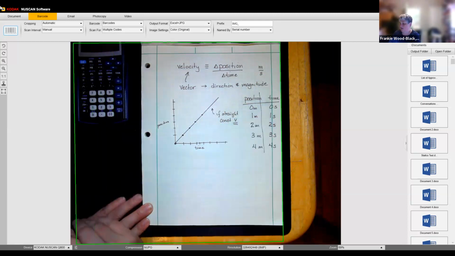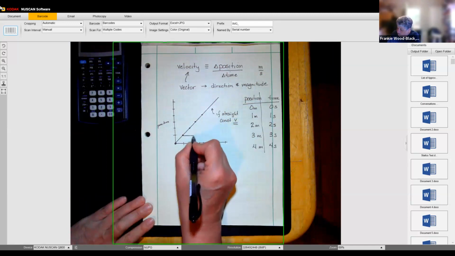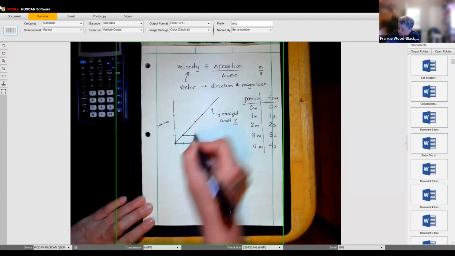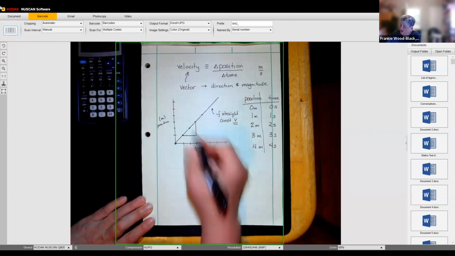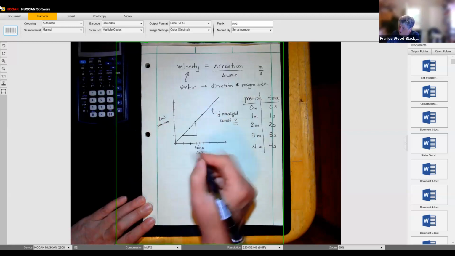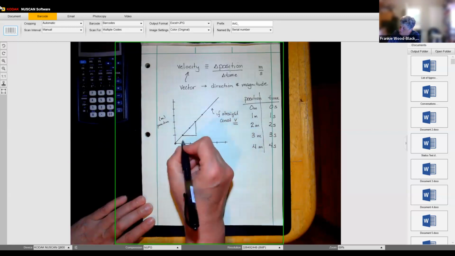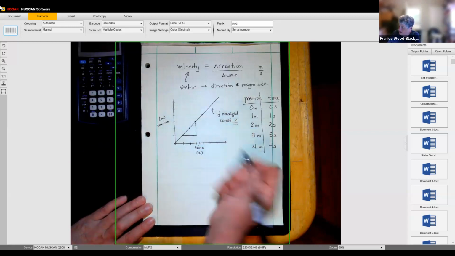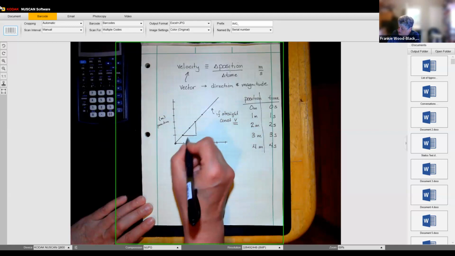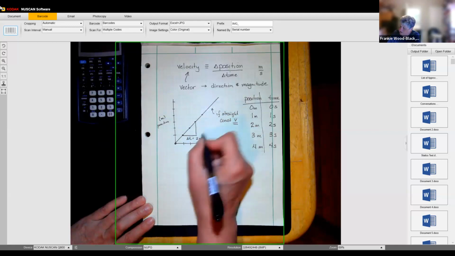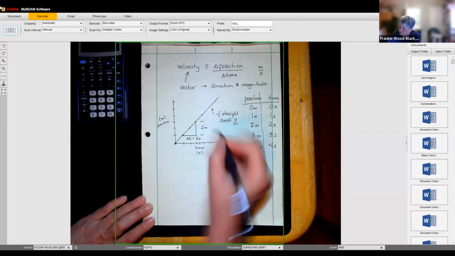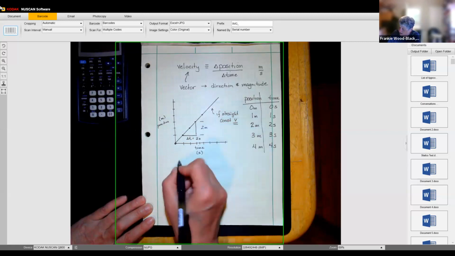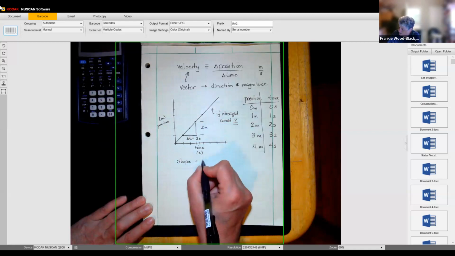I can determine that velocity by looking at, and this is going to be in meters, and this is in seconds, I can calculate the slope of this. So there's my change in time. My change in time is equal to 2 seconds. My change in position is equal to 2 meters. The slope of my line is equal to my rise over run.